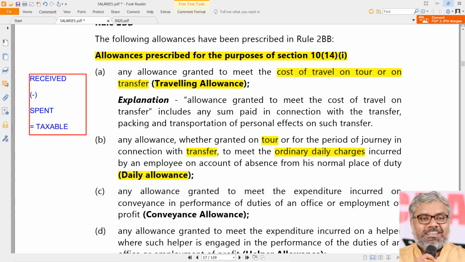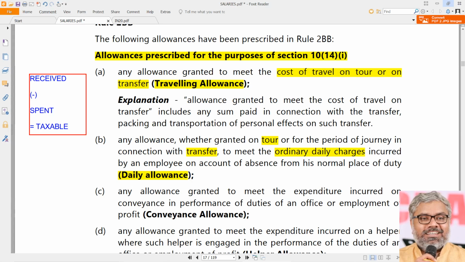Of course, if the amount spent is more than amount received, nothing will be taxable. Exemption cannot be more than the amount that is received actually. So either this will be zero taxable or a positive amount if the spent amount is less than the received amount. If the spent amount and received amount are the same, then nothing is taxable, zero taxable.